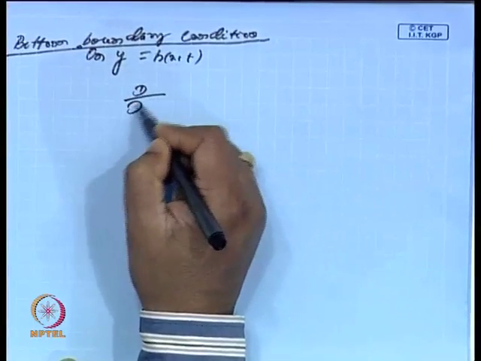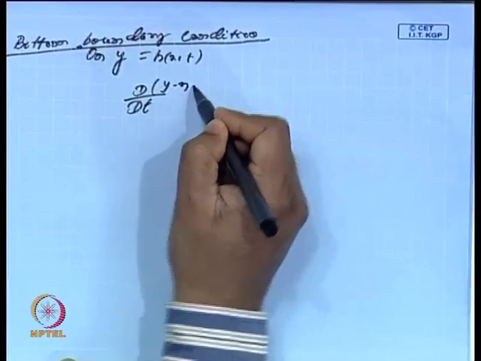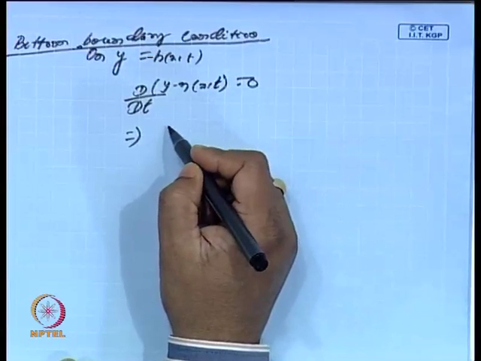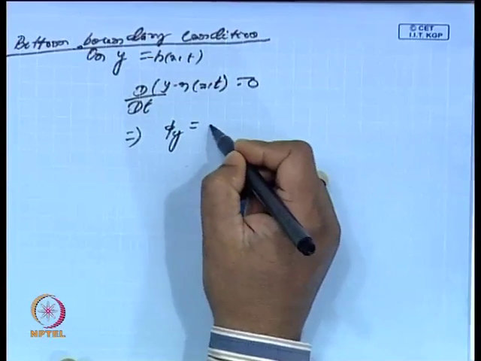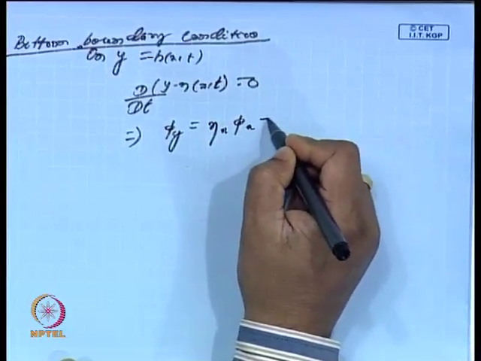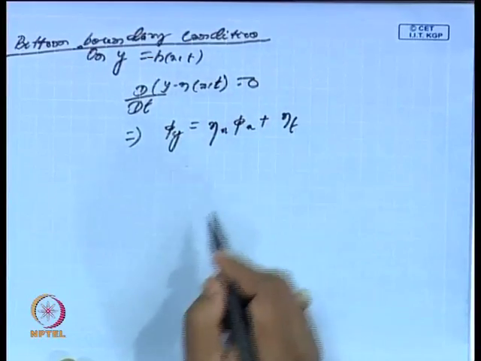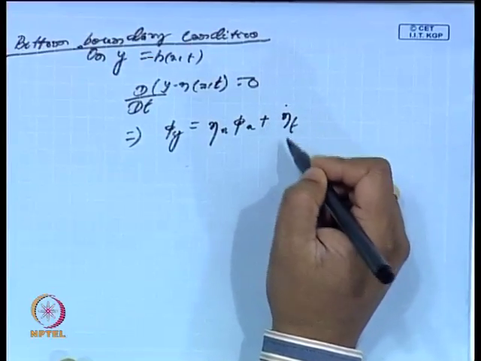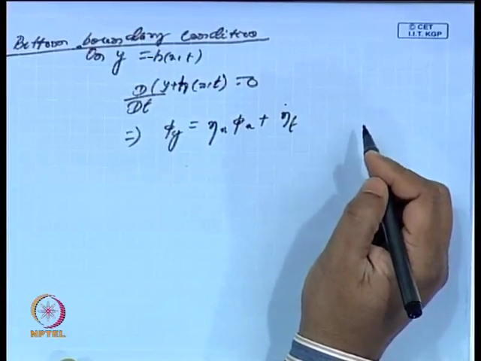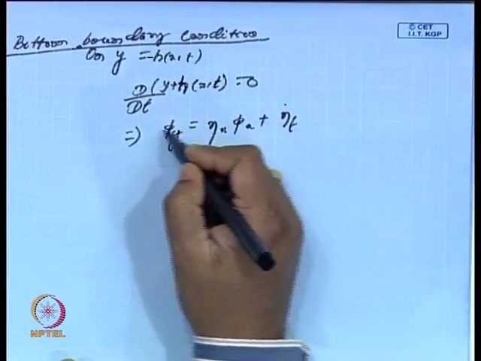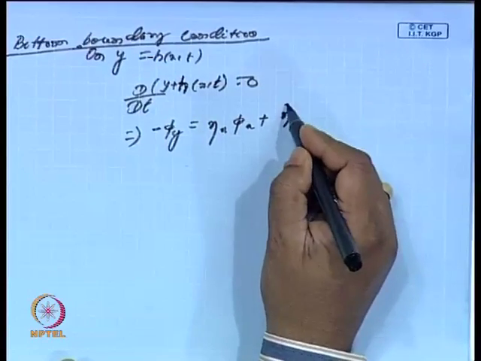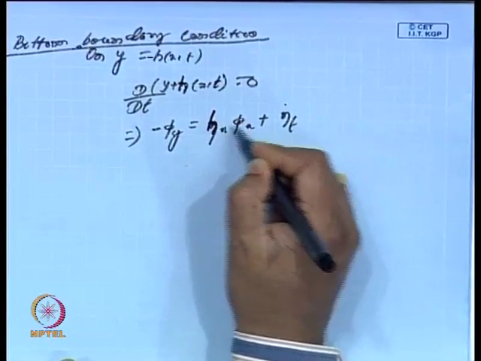If we say d by dt of (y minus h(x,t)) is 0, that gives us phi y is equal to h x phi x plus h t, that is y plus h, because h is negative, minus phi y is x.